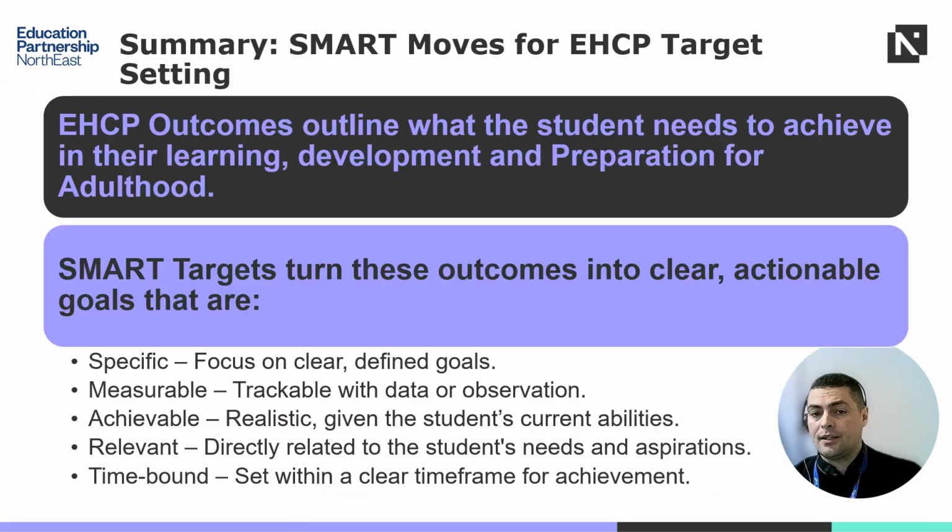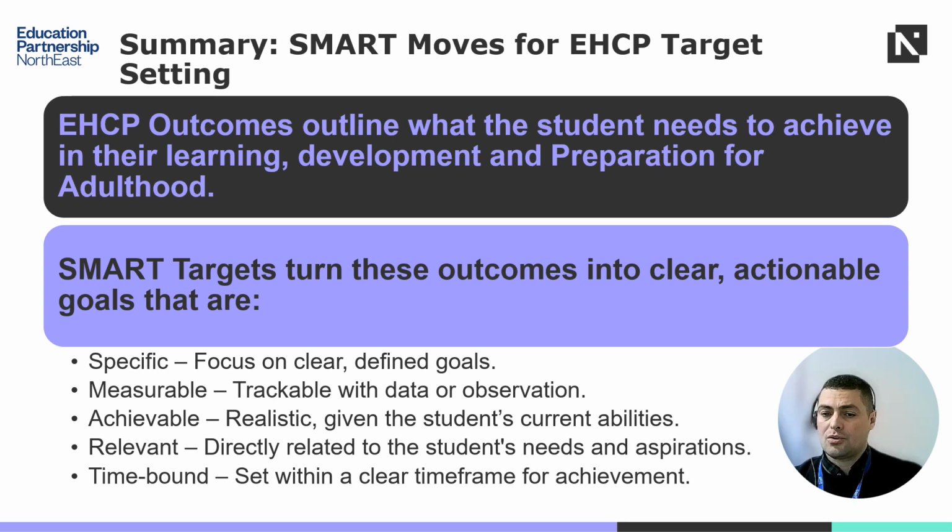So in summary, EHCP outcomes outline what the student needs to achieve in their learning and development in that preparation for adulthood. SMART targets turn the outcomes into clear, actionable goals. They are specific, so we focus on clear, defined goals.